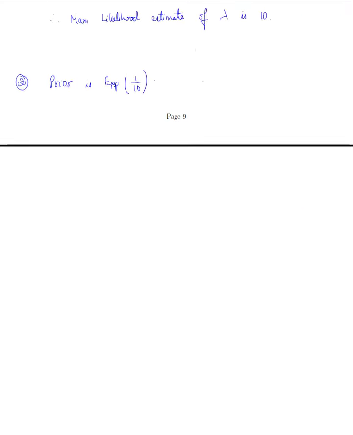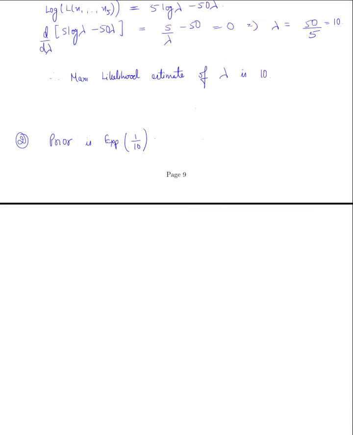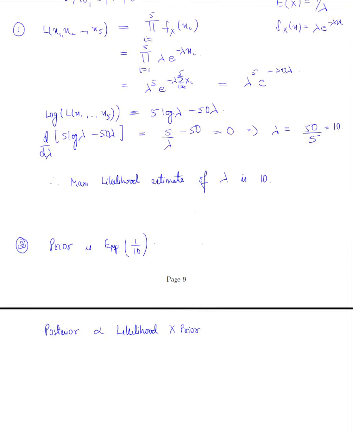To find the posterior mean of lambda, first we can find the posterior distribution of lambda. So the posterior, we know, is proportional to likelihood times prior. In the above question, we found the likelihood function and it is given by lambda to the power 5 e to the power minus 50 lambda times the prior.